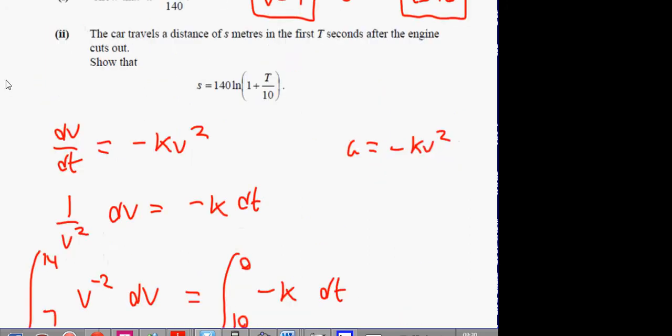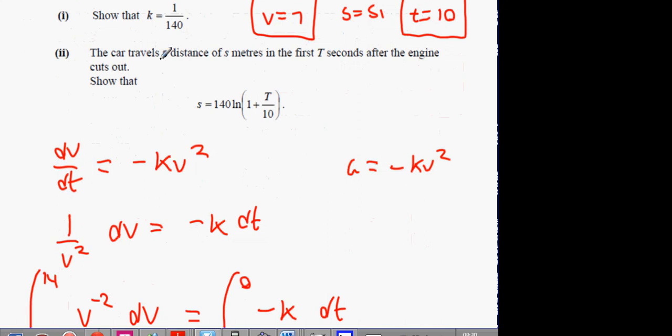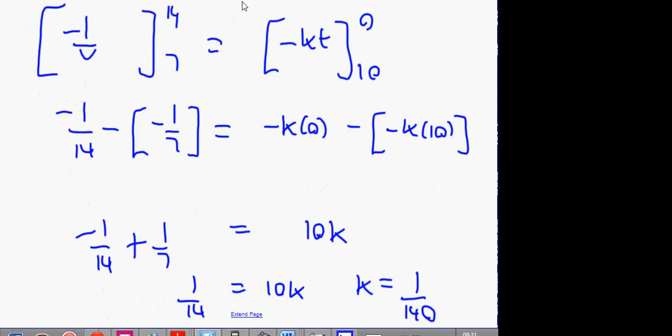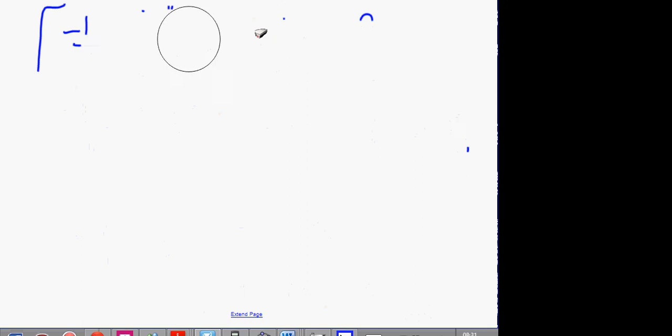Okay, and then show that the car travels a distance s meters in the first t seconds after the engine cuts out. Show that this s value is 140 ln(1 plus t over 10). Okay guys, so what we do is we take our k value of 1 over 140 and bring it back up the top.